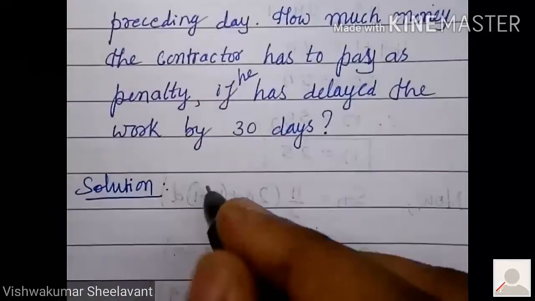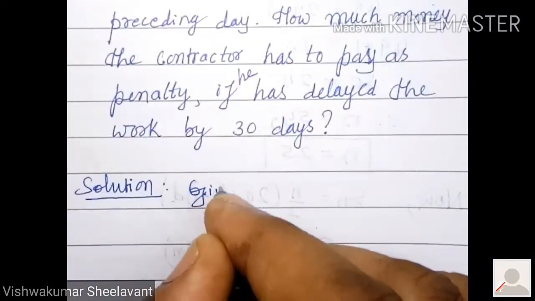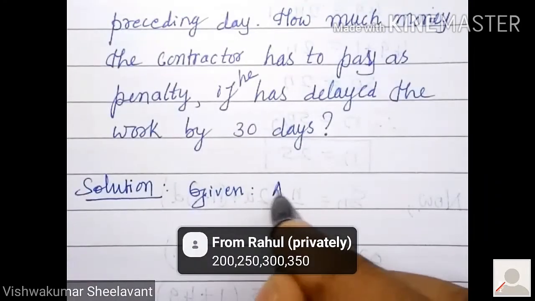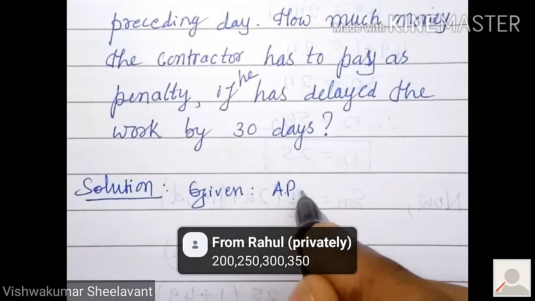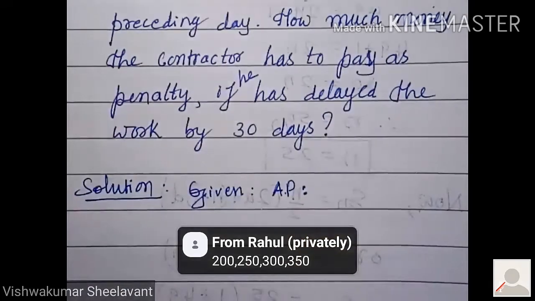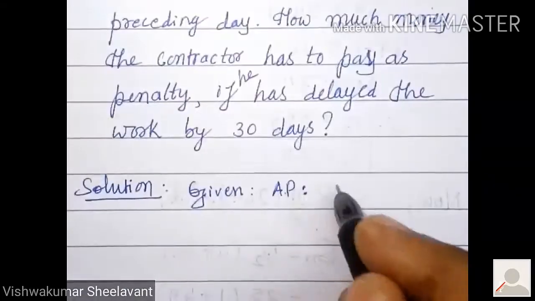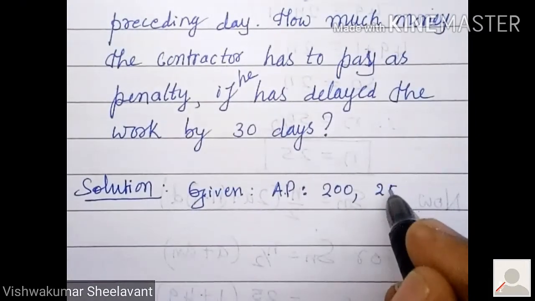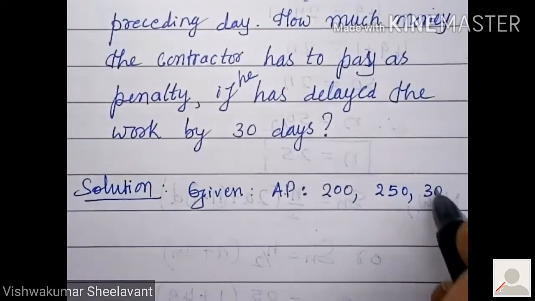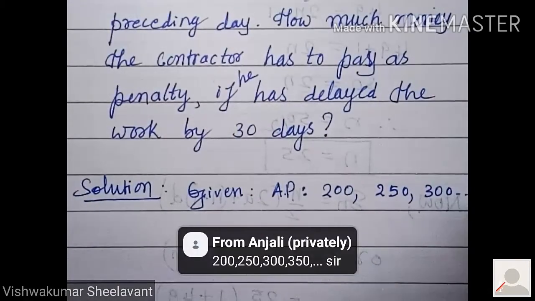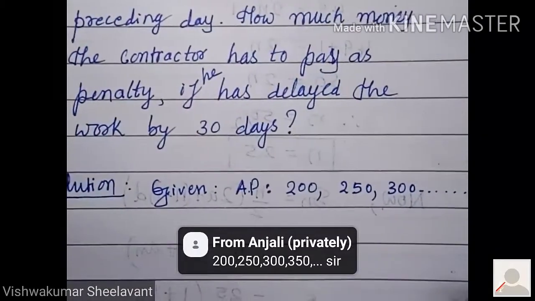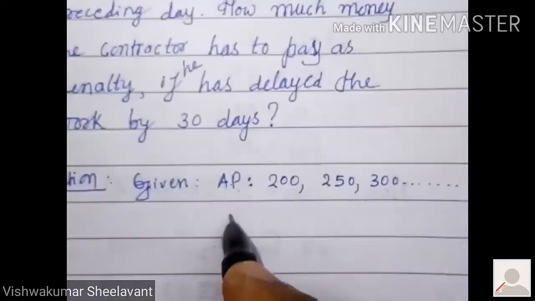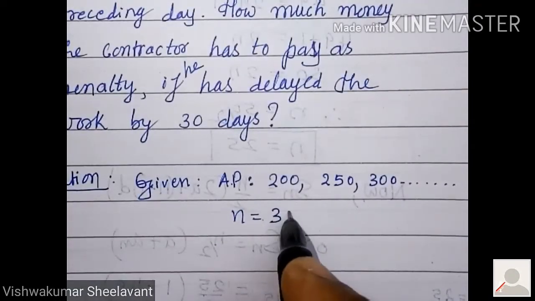Solution. Given, you write directly AP here. Given AP equal to 200, 250, 300 and so on. What is n here? 30.